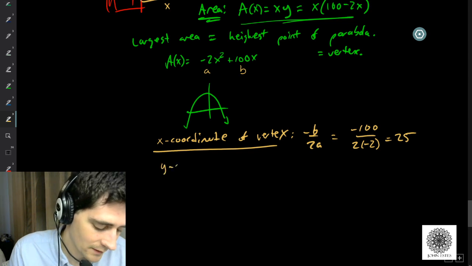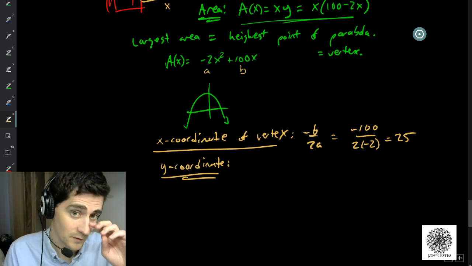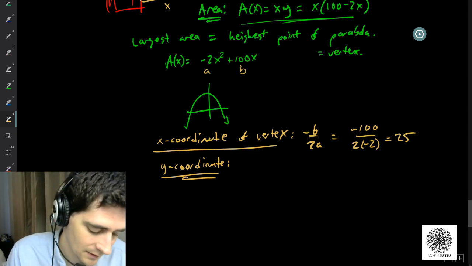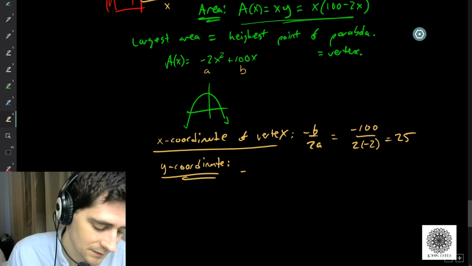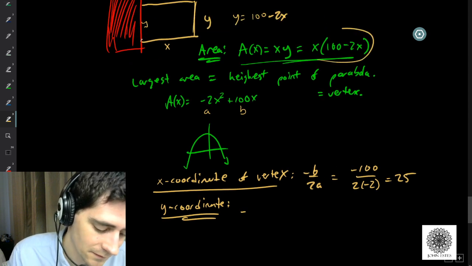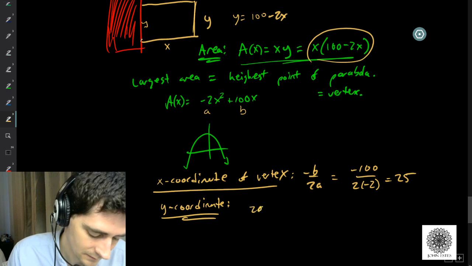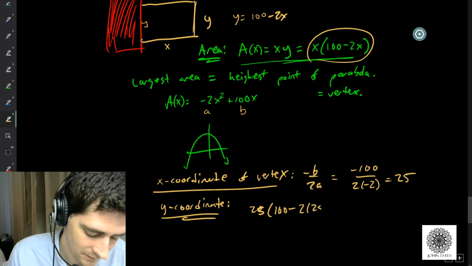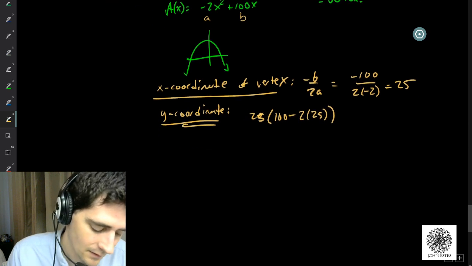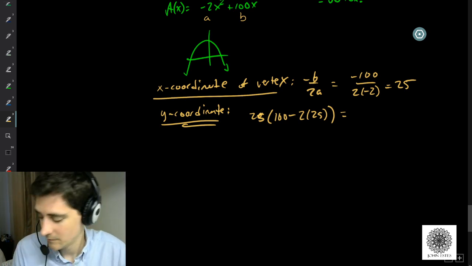Okay, so that means the y-coordinate of my vertex, which is actually the area that I'm looking for, is going to be, let's see, maybe it's best to use the factored form here. So that's going to be 25 times 100 minus 2 times 25. That's 25 times 100 minus 50, which is 50.